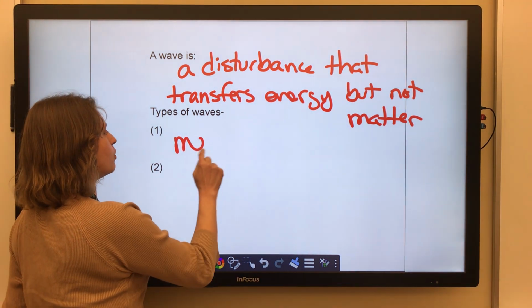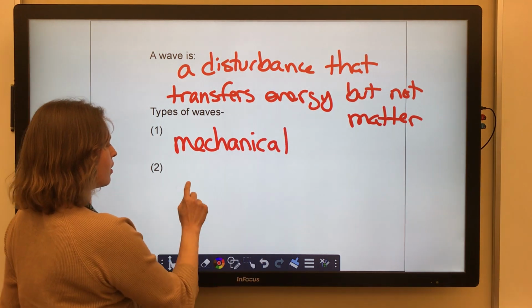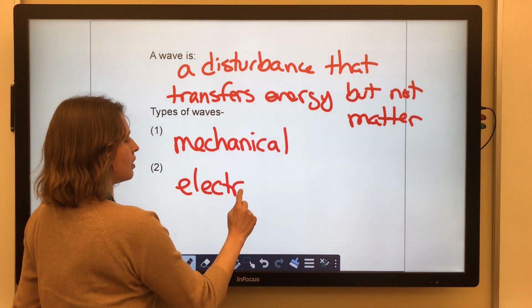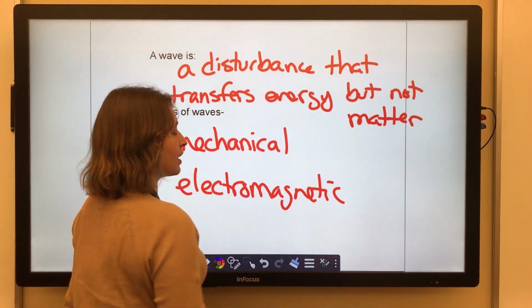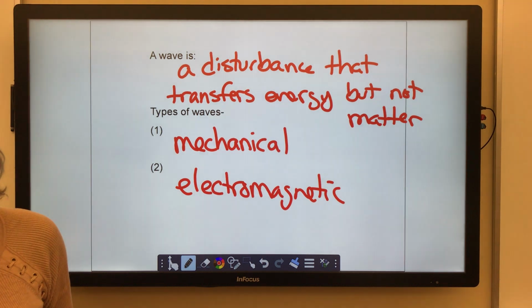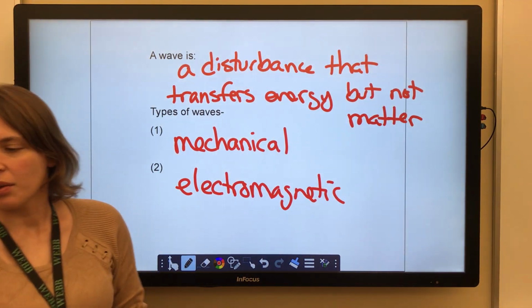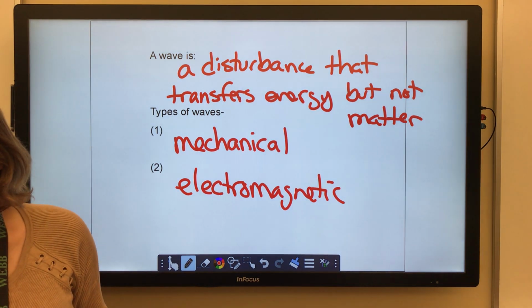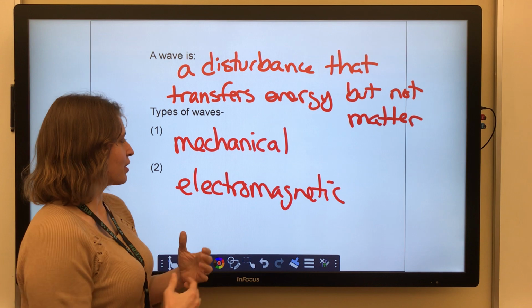There are mechanical waves, and there are electromagnetic waves. Those two types of waves are going to cover pretty much everything out there. And what separates them is not particularly complicated.